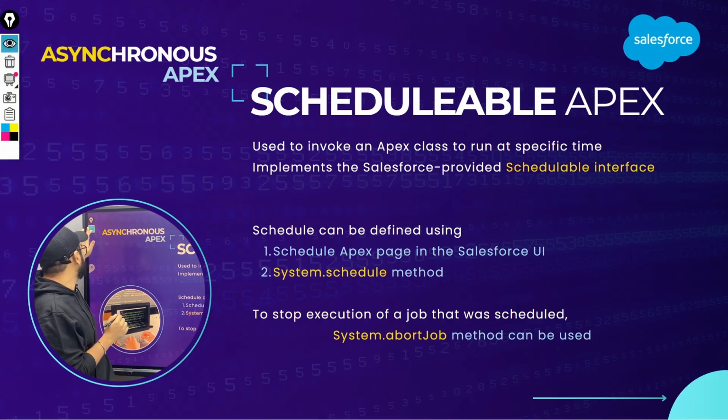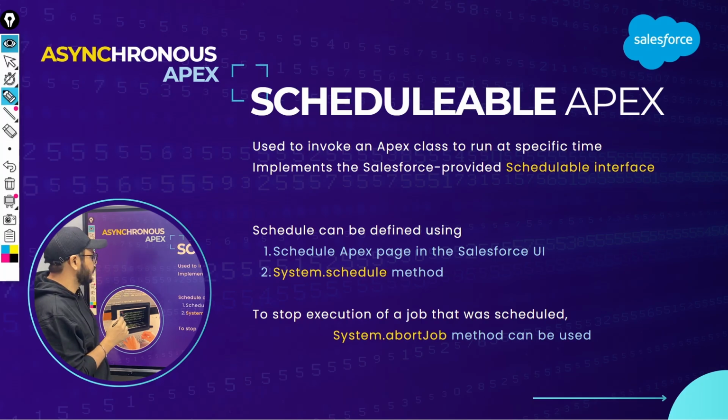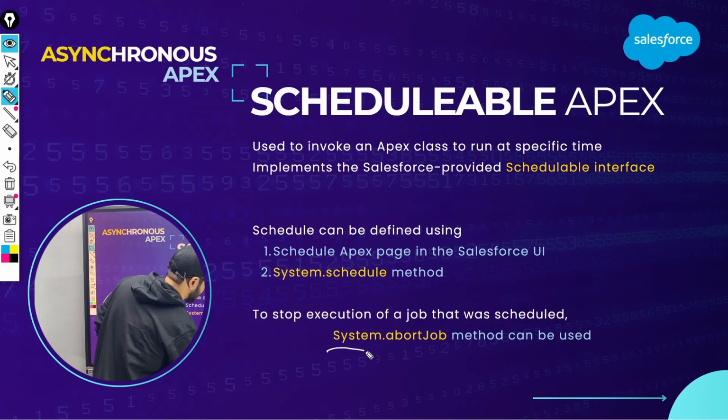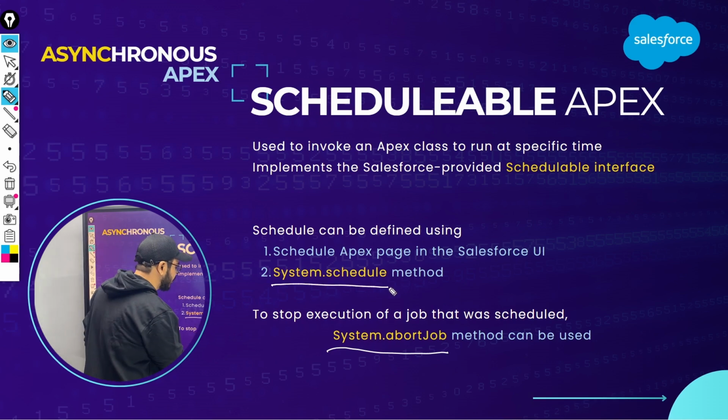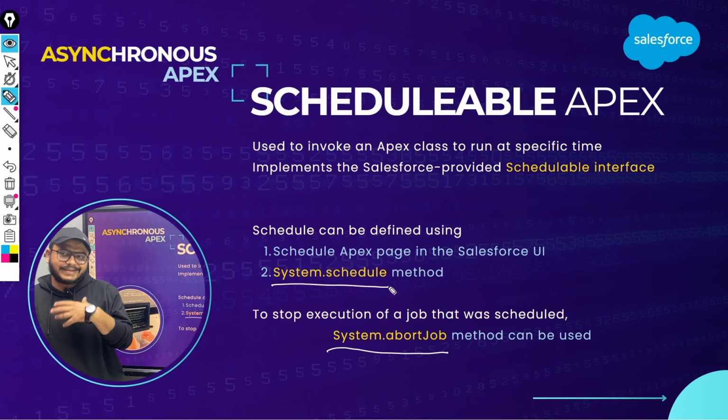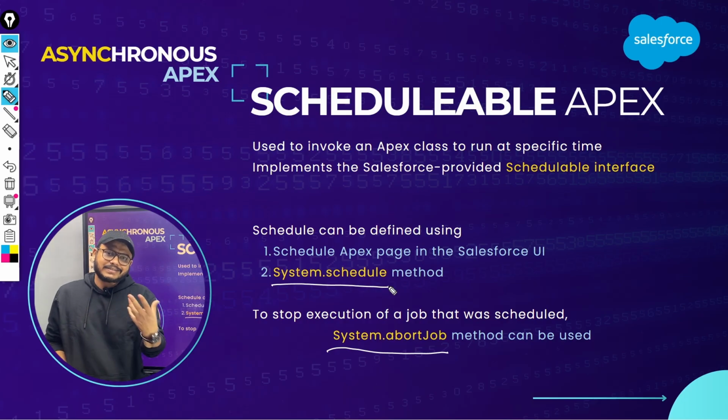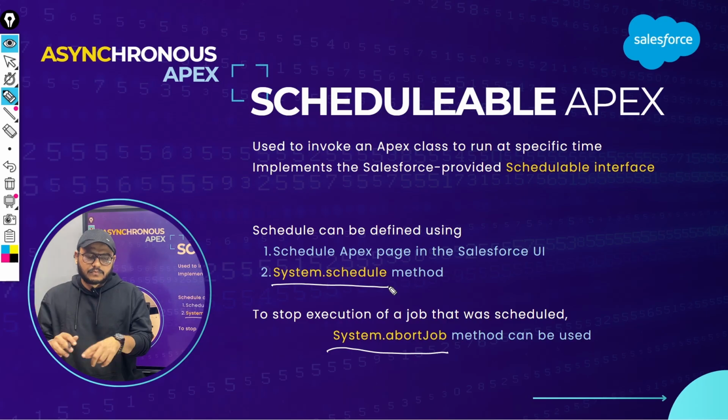And then there is one more thing here, which is, of course, system.abortJob. So we have the system.schedule method, right, to schedule something. It will schedule your schedulable Apex.